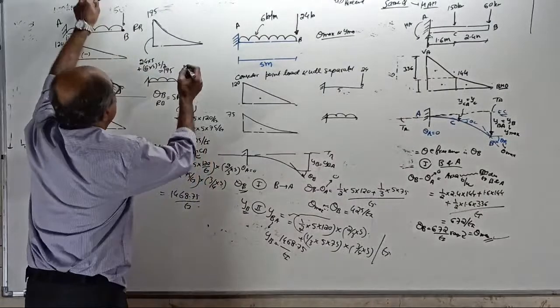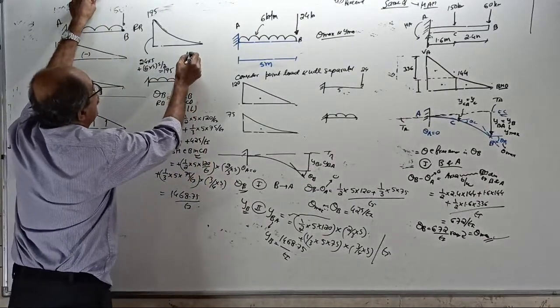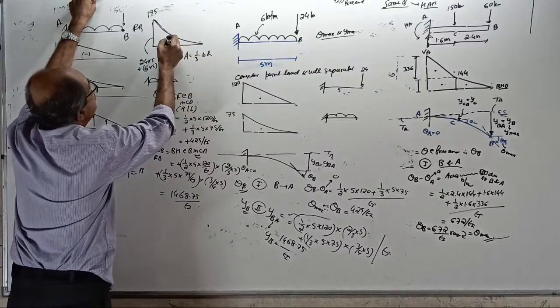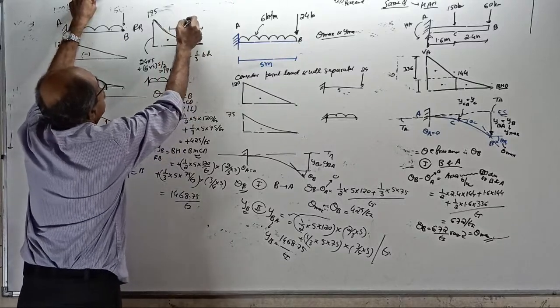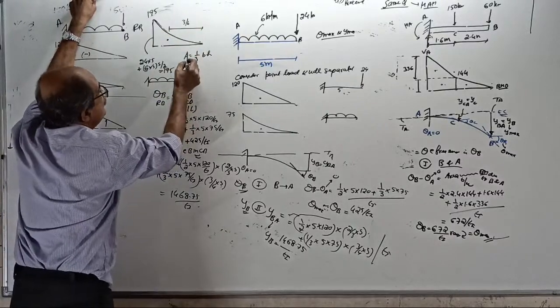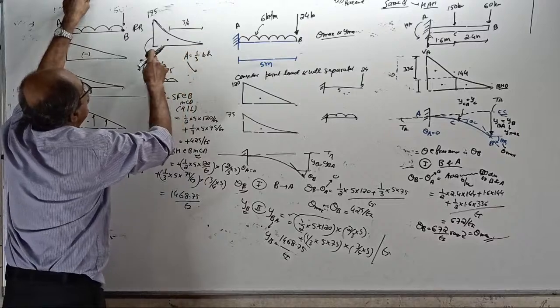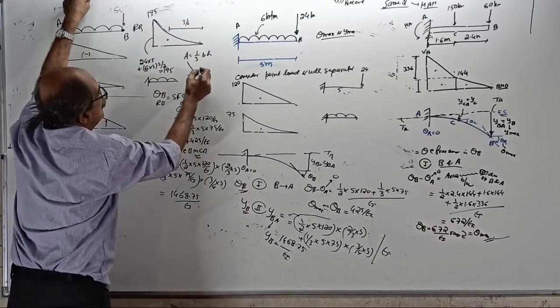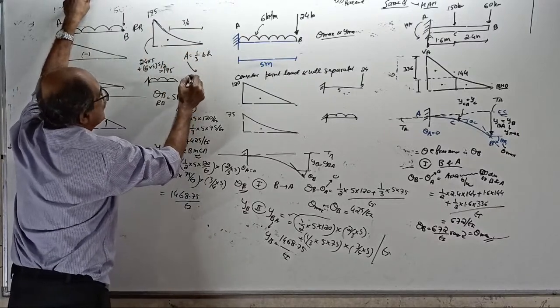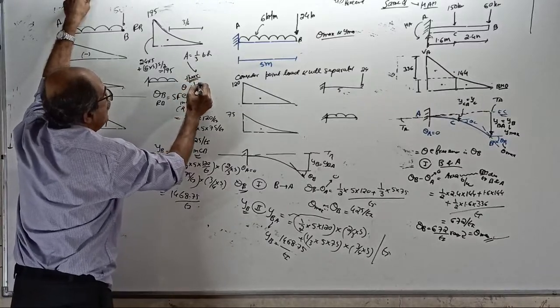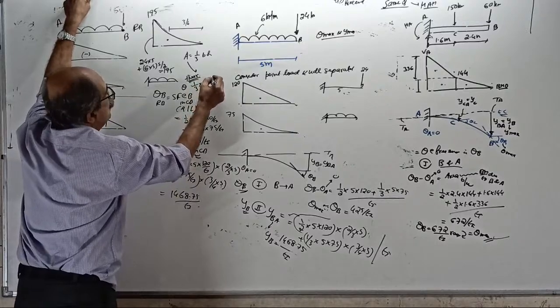Now, foolishly, for this one, they will apply area equal to 1/3 base into height, and the CG they will take at 3/4 here. Then their answer for slope is 1/3 of 5 into 195.